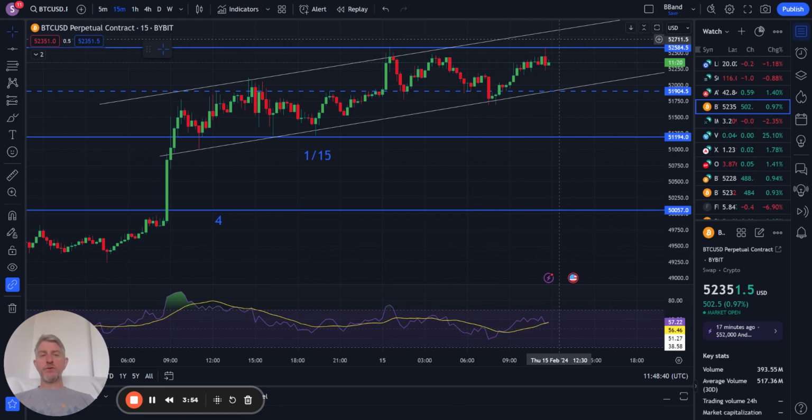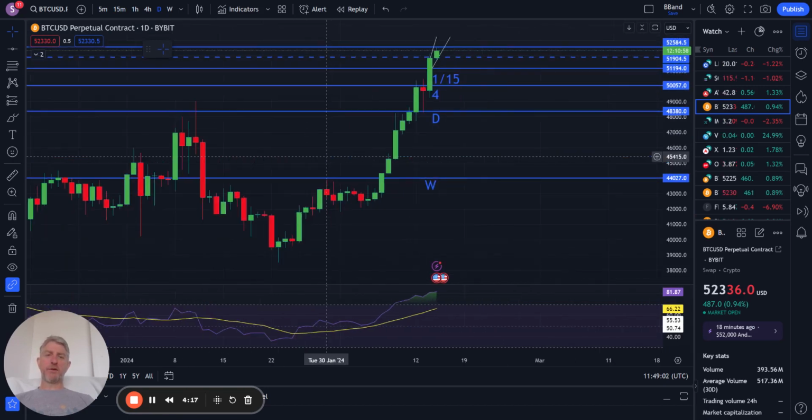However, closures above this 52.6 area, 52.5, 52.6, particularly on a 4 hour, but even on an hourly, probably would signify more upside. And that's when that red line, that delicious looking red line, comes into the game.